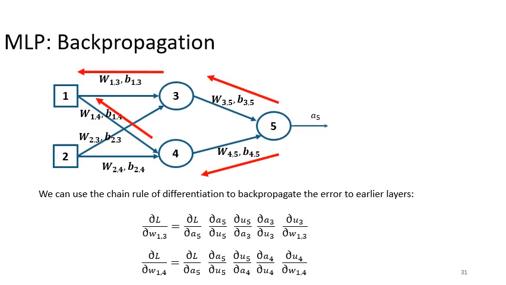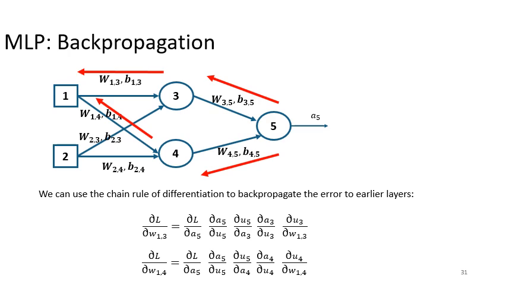We can use the chain rule of differentiation to backpropagate the error to earlier layers. For example, here we can compute the partial derivative of the loss with respect to the weight 1,3 as the derivative of the loss with respect to E5 multiplied by the partial derivatives of E5 with respect to U5 multiplied by the partial derivatives of U5 over E3 and so on and so forth.